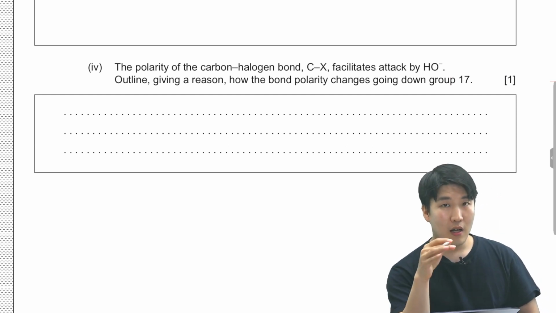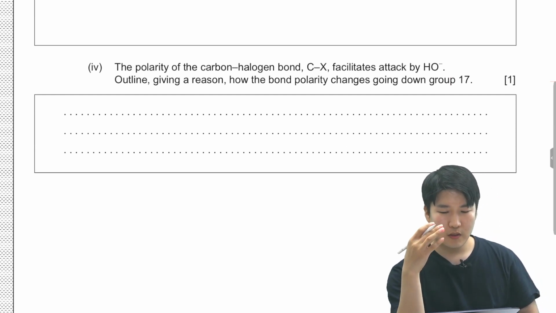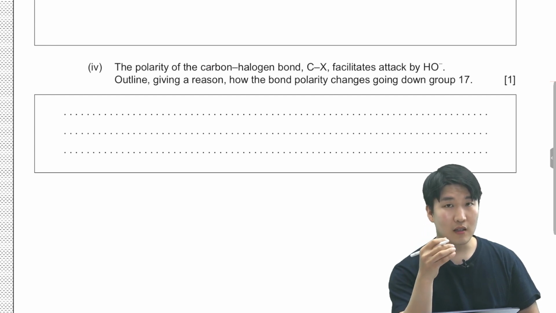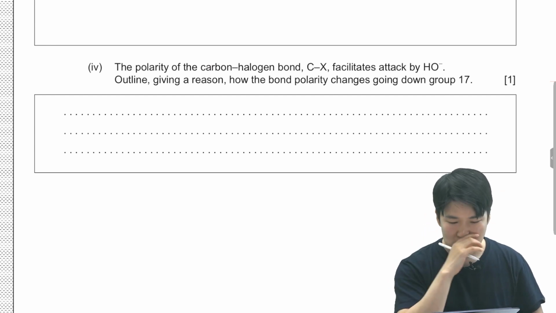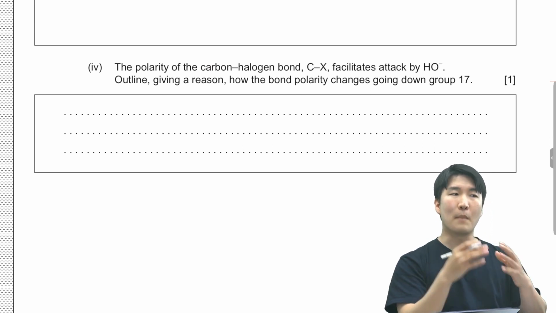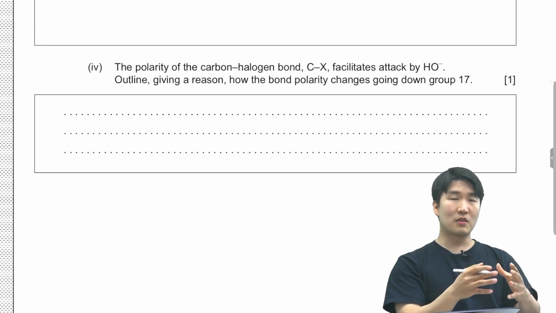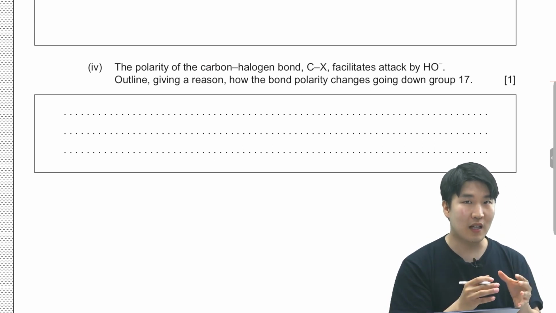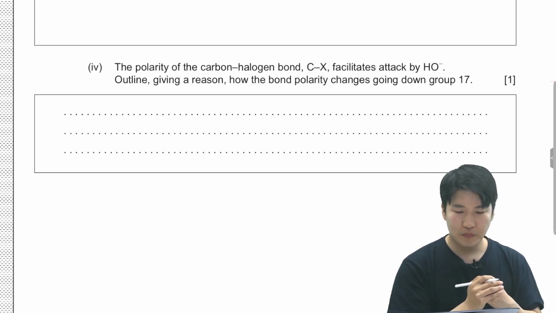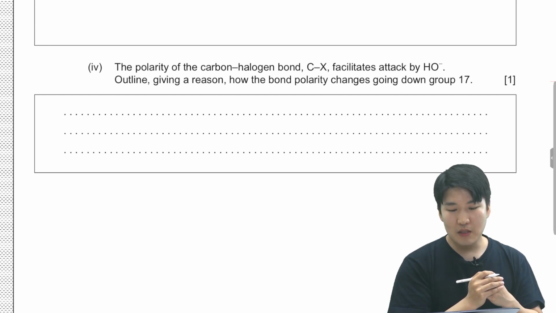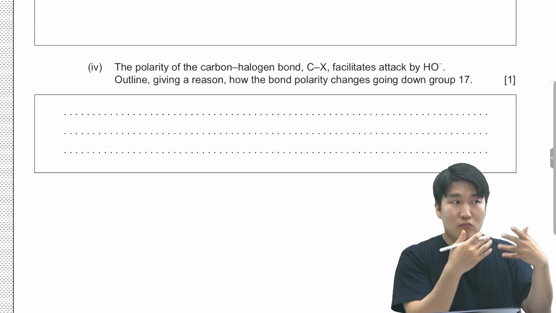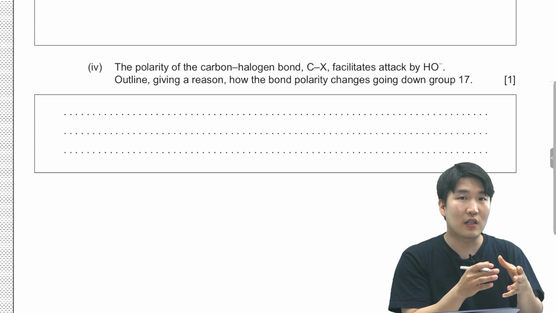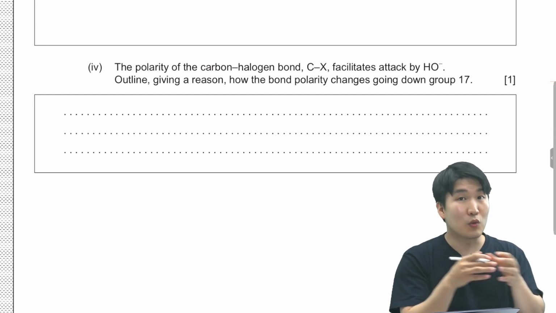Polarity of carbon halogen bond is why a nucleophilic attack is possible in the first place. The presence of halogens make the central carbon atom partially positive, therefore prone to attack by nucleophiles. Which means that if the polarity changes, the reactivity of the halogenoalkane with nucleophiles will also change.